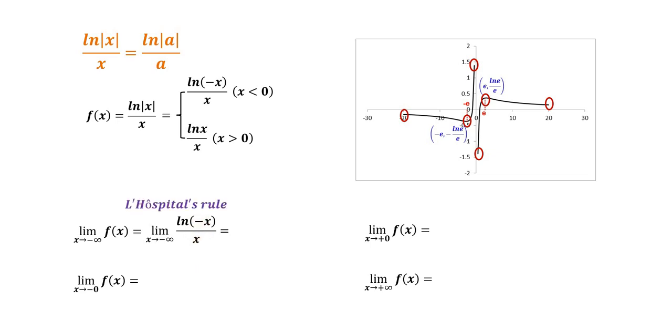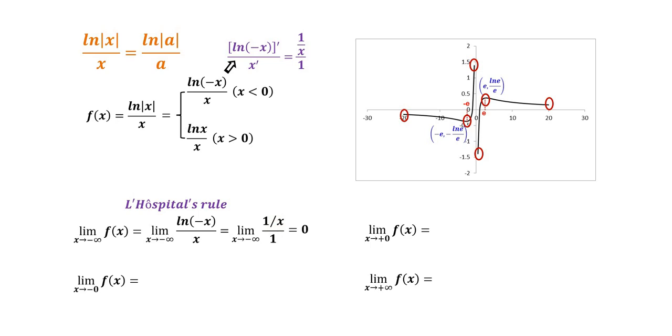So the derivative of the numerator is 1 over x and the derivative of the denominator is 1. So this is equal to 1 over x over 1 when x is approaching negative infinity. So this is going to be 0.